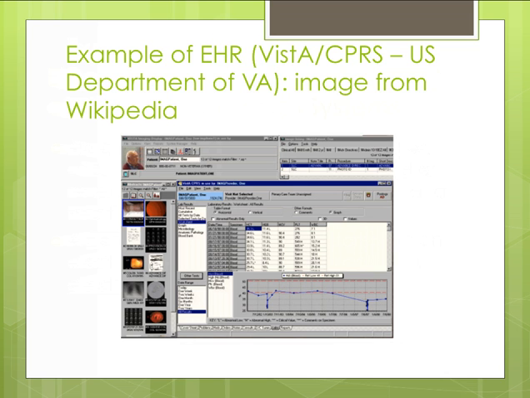This shows an example of an electronic health record system where the provider has all of the patient's information available at their fingertips, if you will. In this case, you can see a sample patient, probably a fake one in a screenshot, where you see the x-rays and scopes.